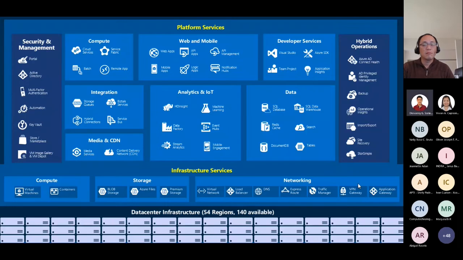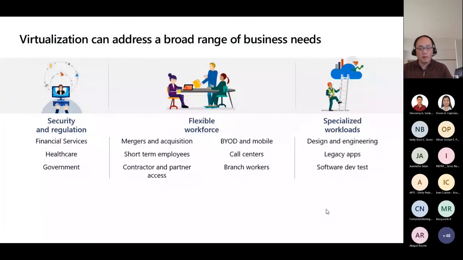One of the services it offers is desktop virtualization. We are all aware that virtualization helps organizations address many business needs around flexibility, security, compliance, and employee-specific requirements.